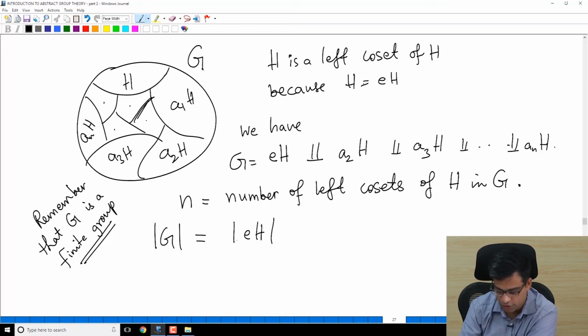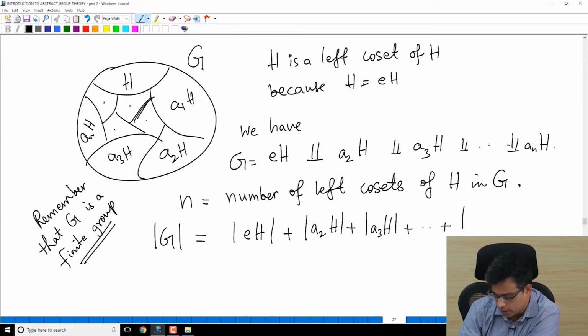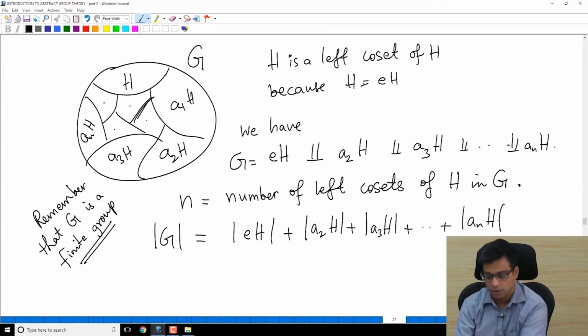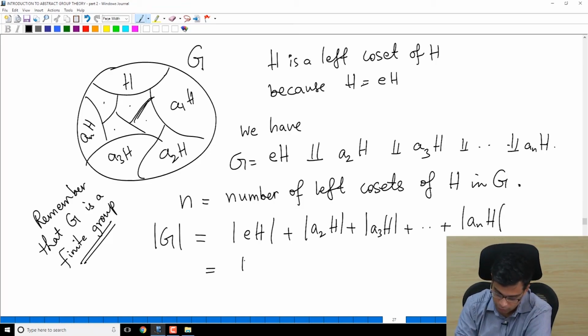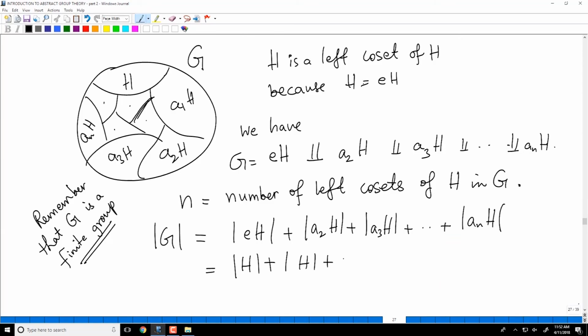So the number of elements of G is equal to the number of elements of EH, the number of elements of A2H, the number of elements of A3H, and finally the number of elements of ANH. But by the proposition of the previous slide, the number of elements of A2H is also the number of elements of H, A3H is also the number of elements of H, ANH is also the number of elements of H. It doesn't matter what cosets we are considering, they are all H. And how many factors here are there?